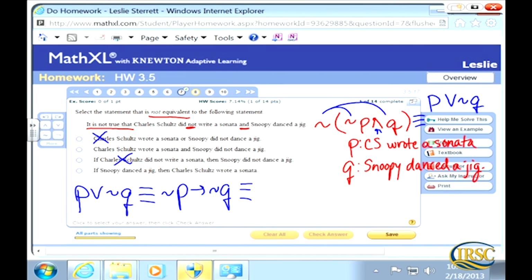But I could also pick the other side to be my if. If I started with the not Q, and that's my if, then that not Q is going to switch to a Q. So if Q, then leave the other side the same. P is going to stay the same. Now notice if you just compare the 2 if-thens, I also just wrote the contrapositive, which I know is equivalent.